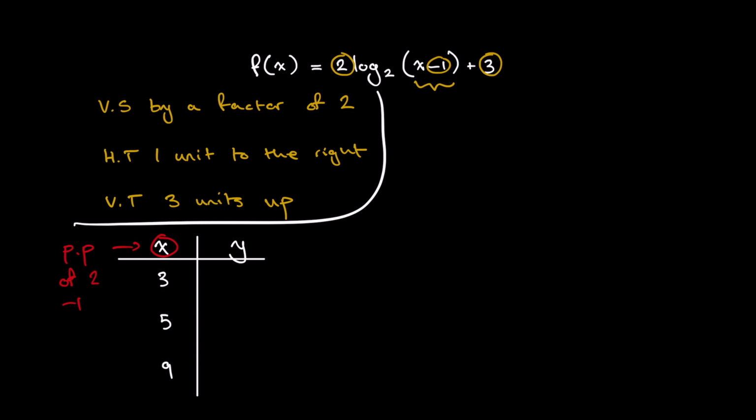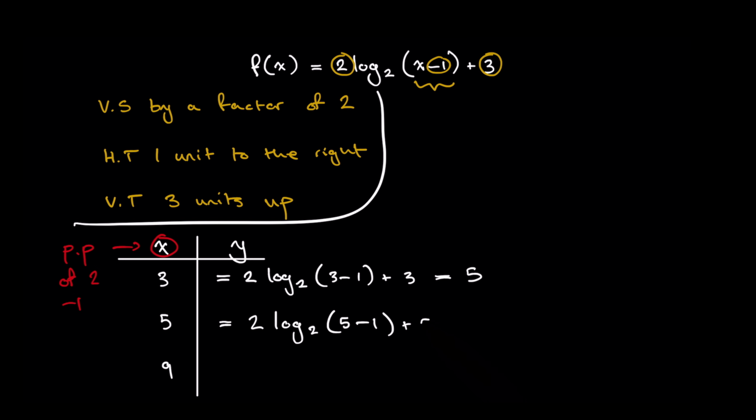And for our y values, when x is 3, we're going to get 2 times log base 2 of 3 minus 1 plus 3, which should give us 5. And when x is 5, we have 2 times log base 2 of 5 minus 1 plus 3, which should give us 7.